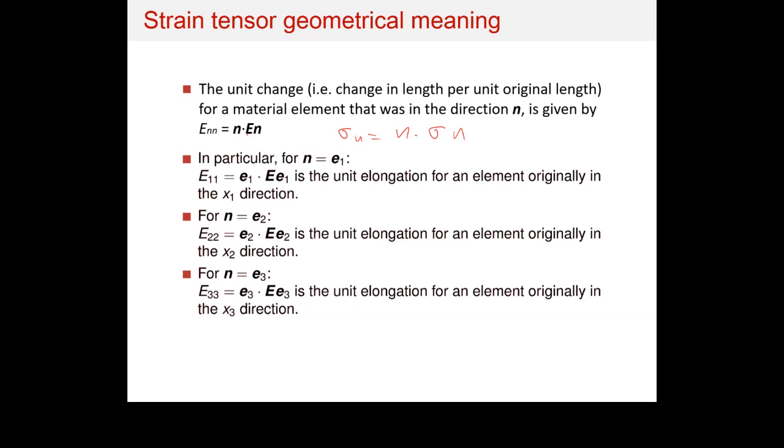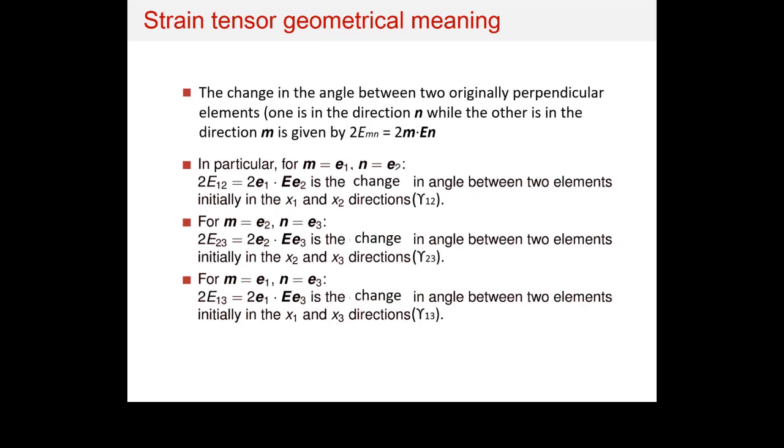With strain, it is the strain acting in a certain direction, but it has a physical meaning. The meaning is a change in the unit length in the n direction. And the shear component is the change in the angle between the n and m directions.